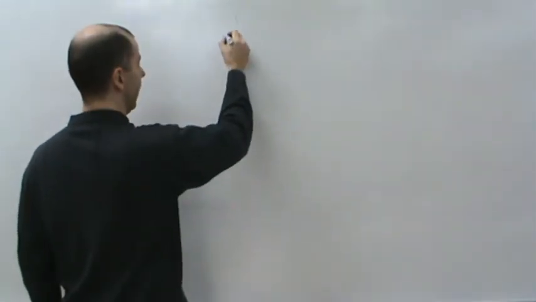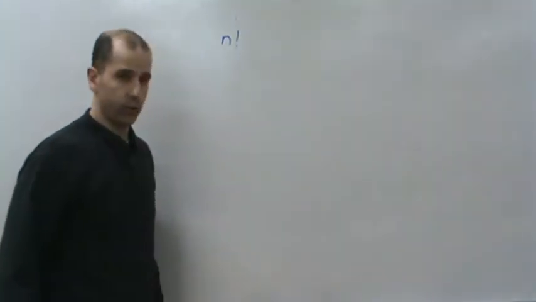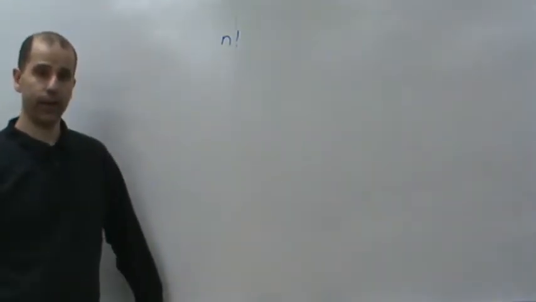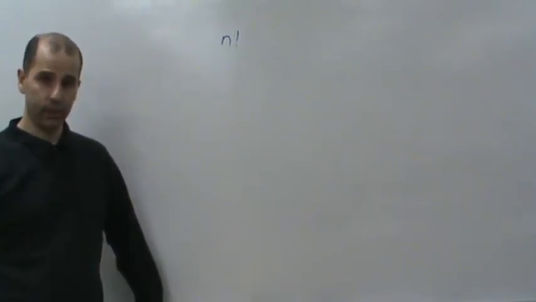So what does n factorial mean? For any positive integer n, n factorial means I'm going to take n times every integer less than n and multiply it together. Okay?